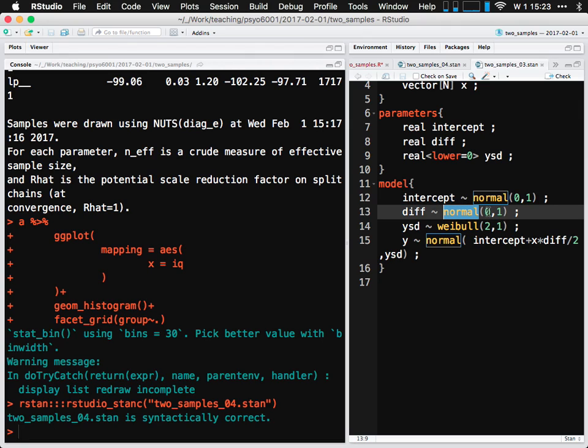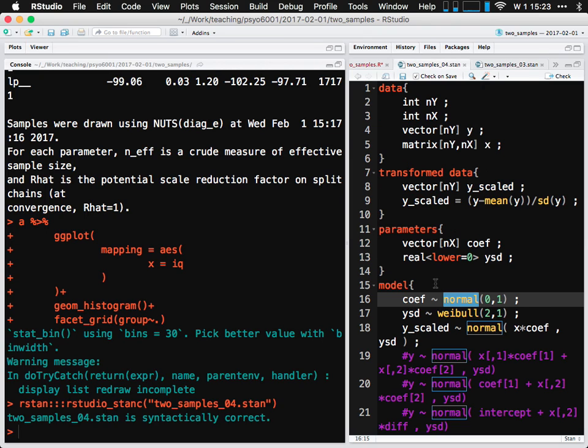The diff as normal, peaked at 0, tapering off on either side. This coef thing just has the intercept and diff in just one thing. And it happens that in the Stan language, if you just say a vector on the left-hand side, it propagates whatever you have on the right-hand side to each element in the vector. So it's the exact same. The first element in coef is normal, the second element in coef is normal.